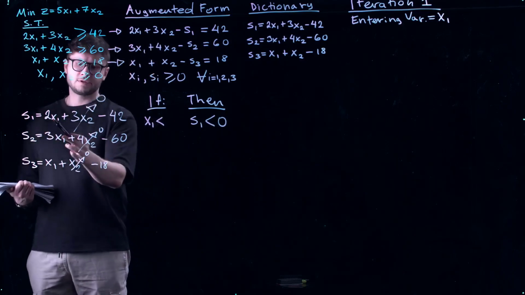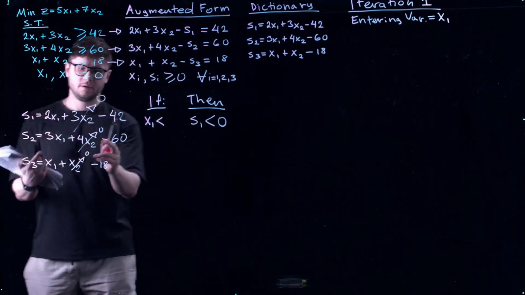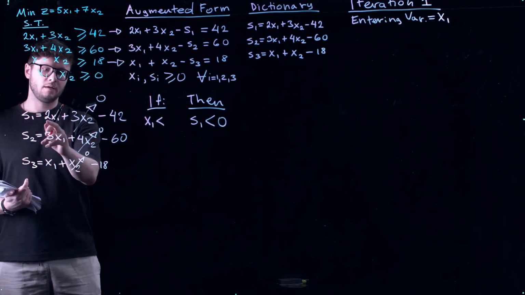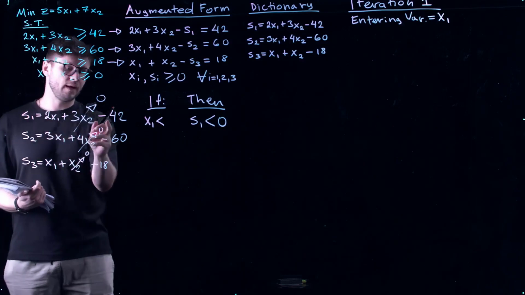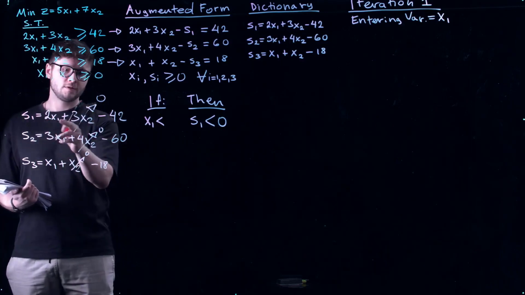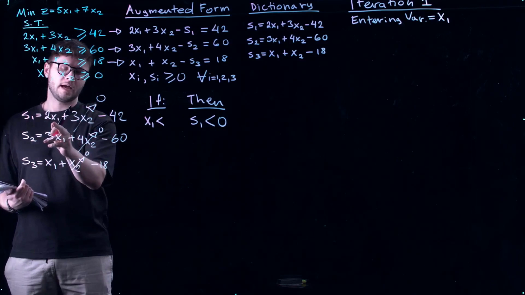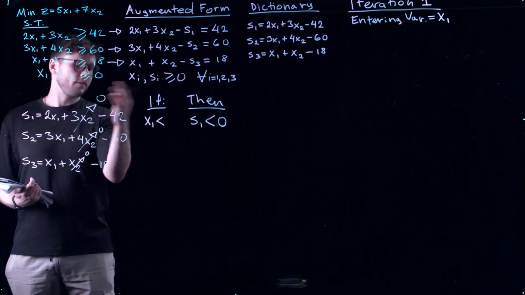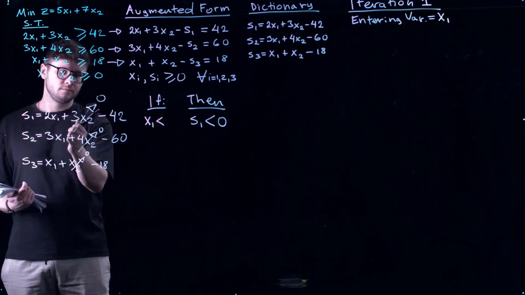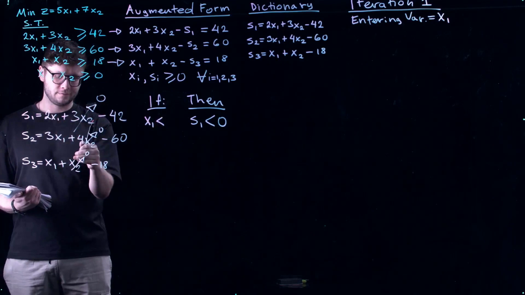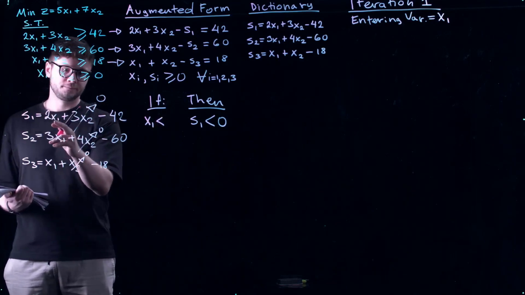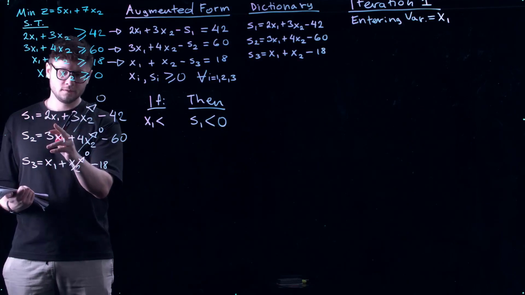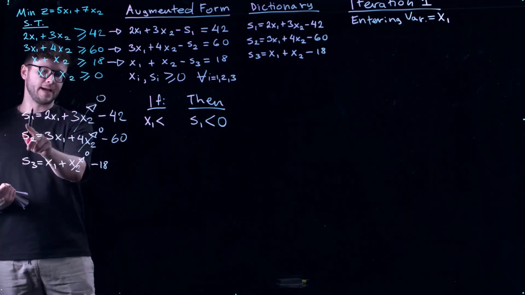So if we solve in this section for x1, it would be 2 times some value of x1 minus 42. What does x1 have to be for it to equal 42 or less than 42? For example, if it equals 21, S1 is going to equal exactly 0.